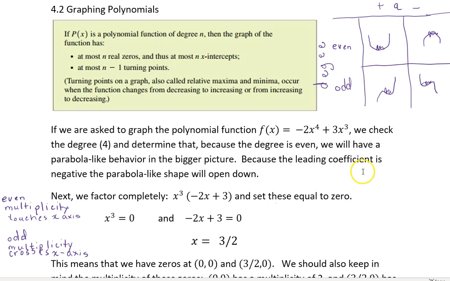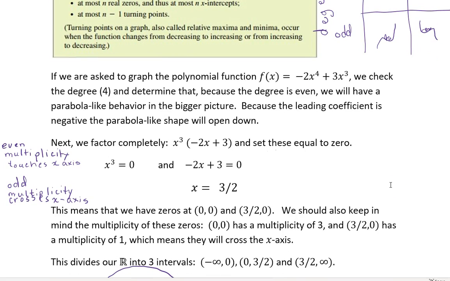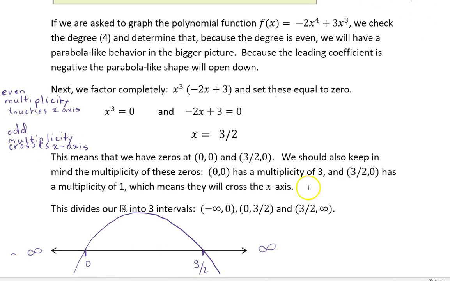So when we take a look at this, we're going to have our zeros. We have 0, 0, and then we have 3 halves, 0, because I've set those two factors equal to 0 and solved, so I have x equals 3 halves. So my x is 3 halves and 0. We're going to keep the multiplicity in mind. We have an upside down, frowning parabola-ish shape. In this case, it actually is very much like a parabola.